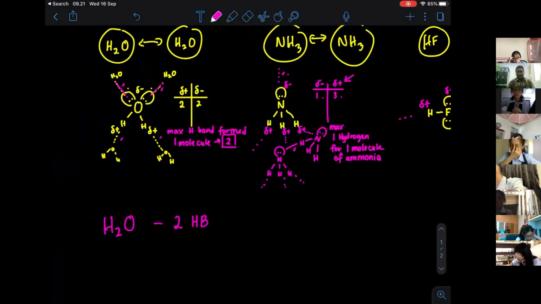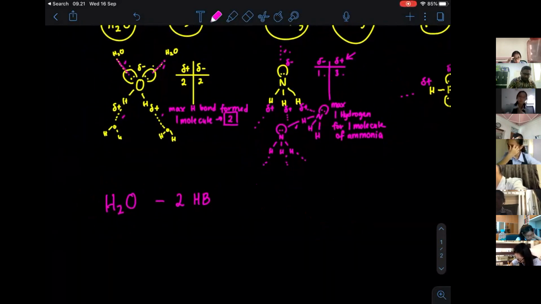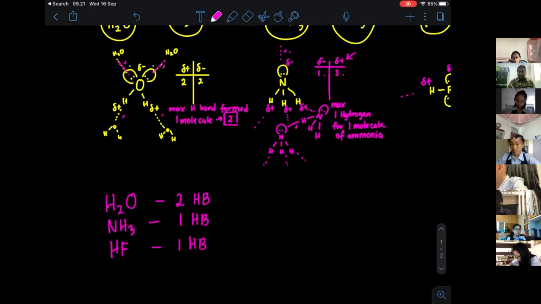HB is hydrogen bonding. And when it comes to ammonia and HF, they do not form up to their capacity, either because of a lack of lone pair or a lack of delta positive. So therefore, they only have one hydrogen bond per molecule.